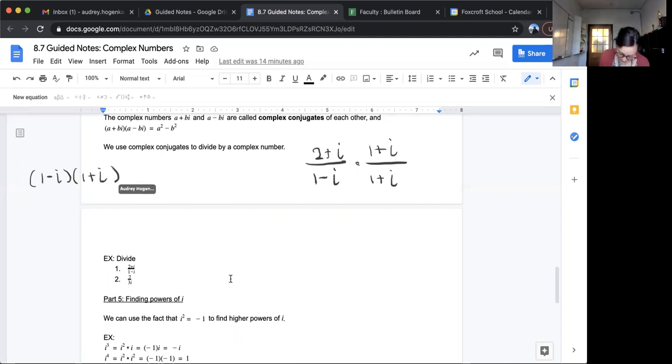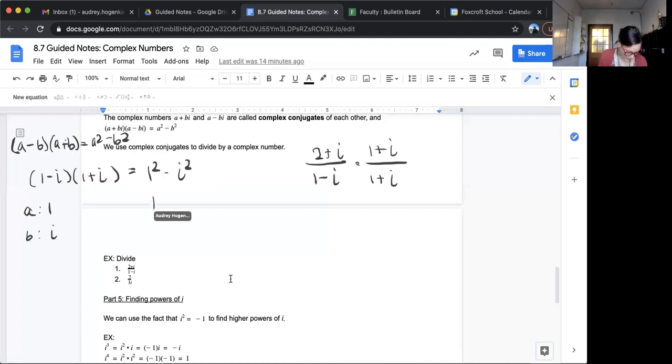And so I know that a minus b times a plus b equals a squared minus b squared. So my a in this case is 1, my b in this case is i. So 1 plus i times 1 minus i is going to be 1 squared minus i squared. 1 squared is 1. We know i squared is -1, so that's going to be 1 minus -1. So 1 plus 1, so 2. So my denominator is going to be 2.